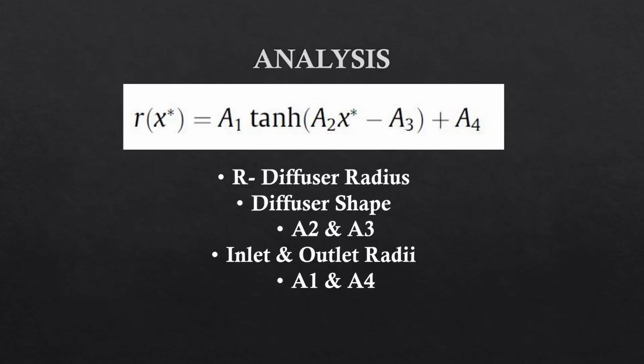After that, they used the same initial baseline jet pump design and parameterized it using this equation, with R being the diffuser radius, A2 and A3 being the diffuser shape, and A1 and A4 being the inlet and outlet radii. This was used to identify the design variables that have the greatest influence on pump performance.